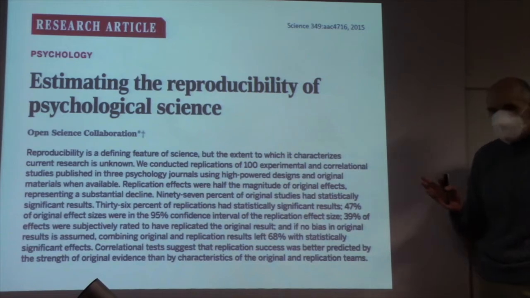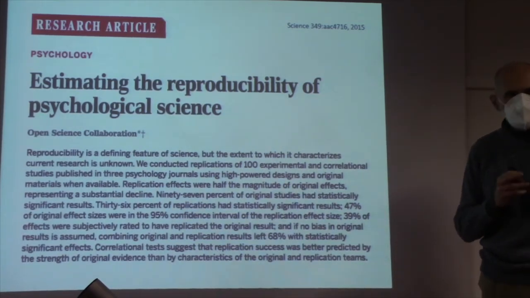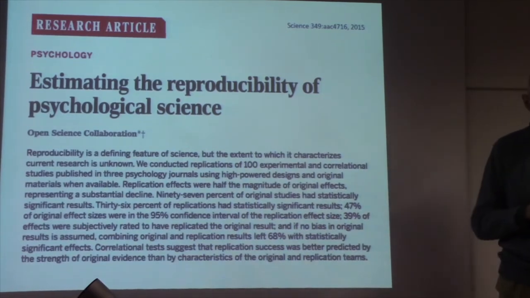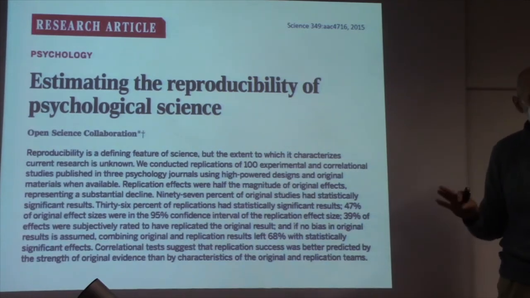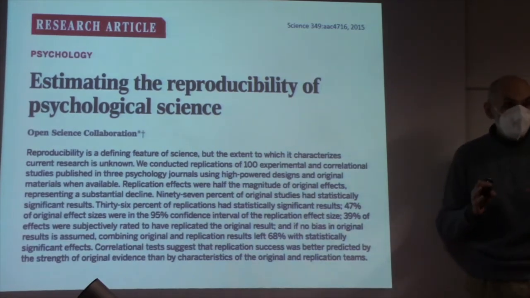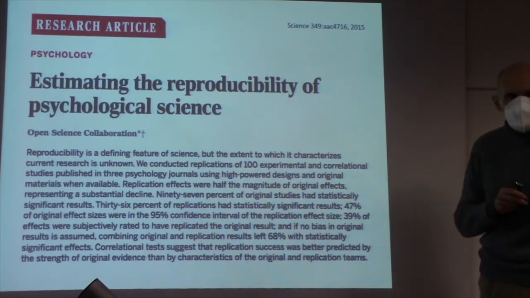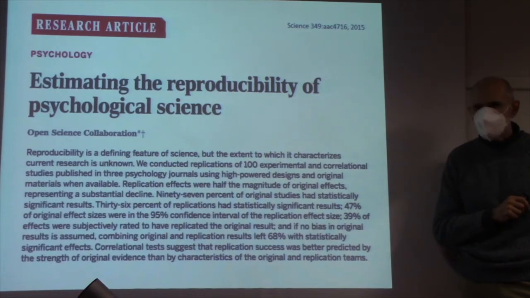And this was a very elaborate, time-consuming, costly experiment in which they took published results from 3 top journals, not whatever journals they put their hands on. The top journals that were supposed to publish those results. Then they took papers and tried to reproduce 100 results from these papers.